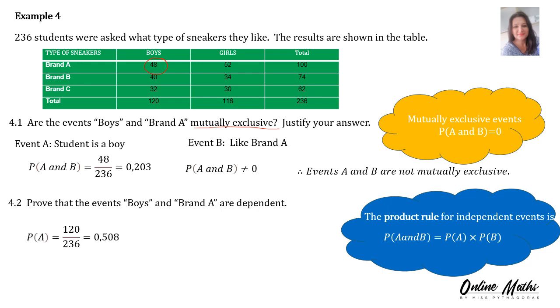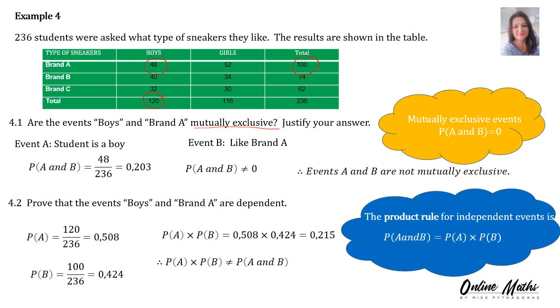Probability A is 120, so that's boys, over 236 is 0.508. And then probability B, brand A, is 100. It's this one. Over the total, 236 is 0.424.